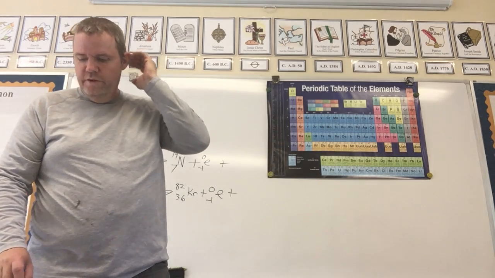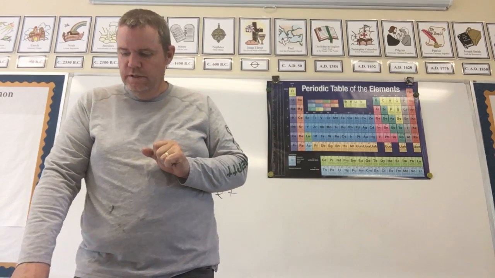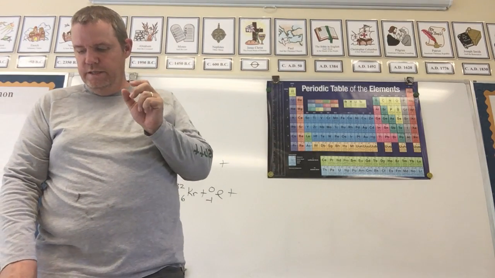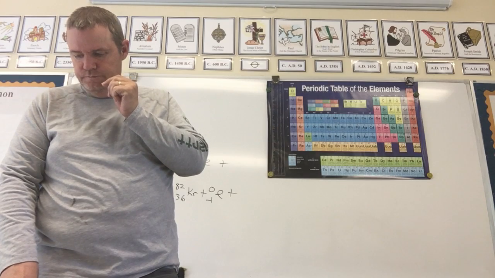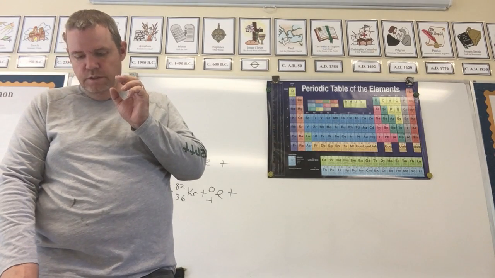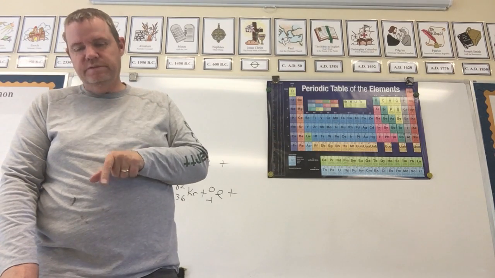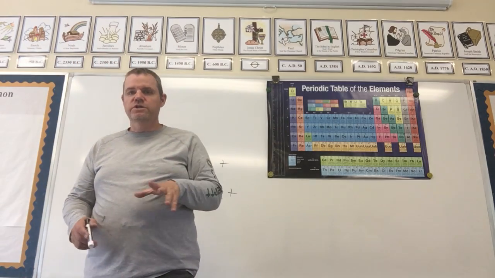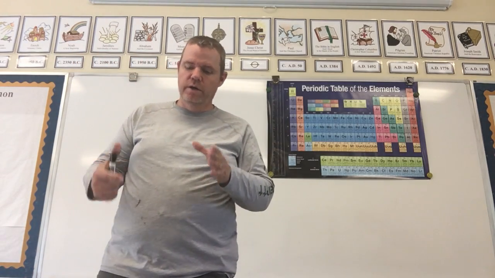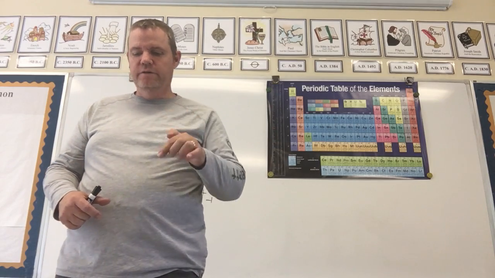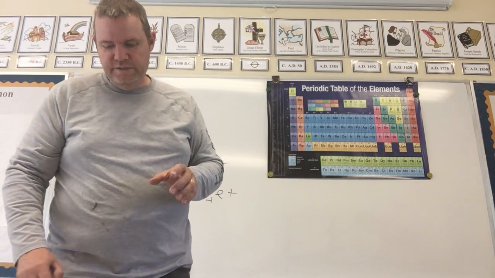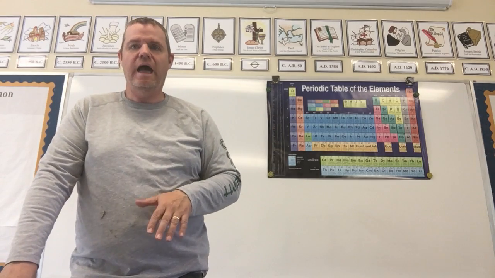So the assignment for this week is going to be to do example 17.1. It walks you through it, but I want you to do it. I want you to go through the process. I want you to fill it out so that you see that it's going to ask for what type of decay happened.